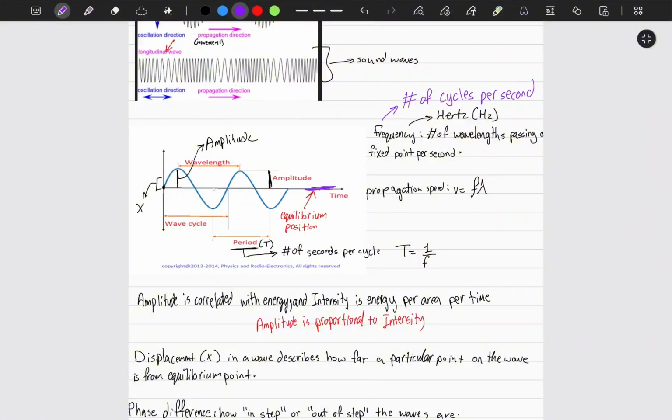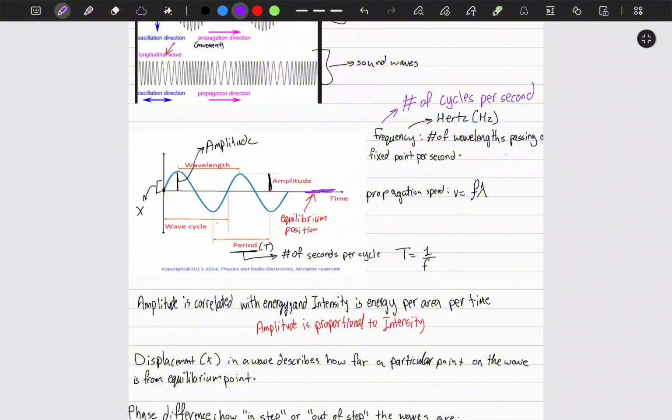While frequency is how many cycles it goes through every 1 second. Frequency is in the units hertz because it is 1/second. So hertz is equal to inverse seconds, while period, since it is 1/frequency, is in seconds.